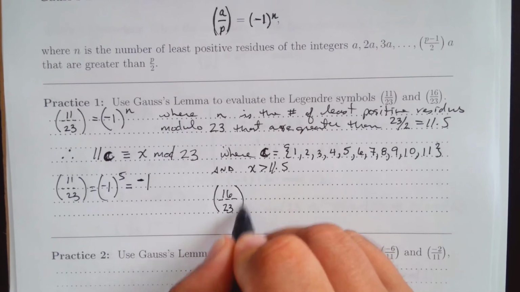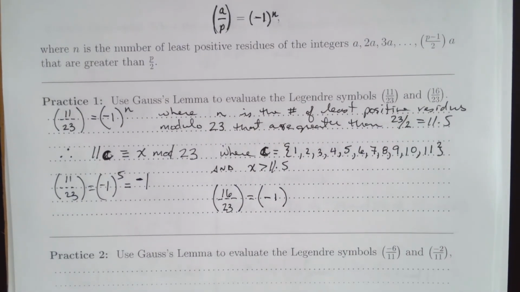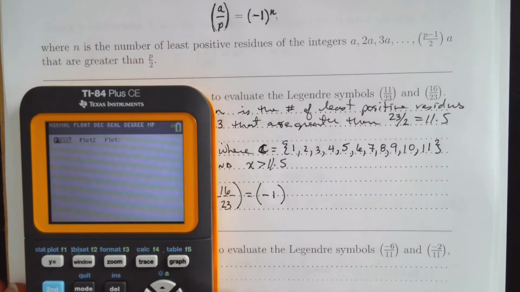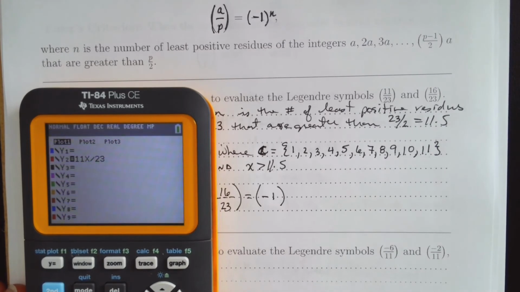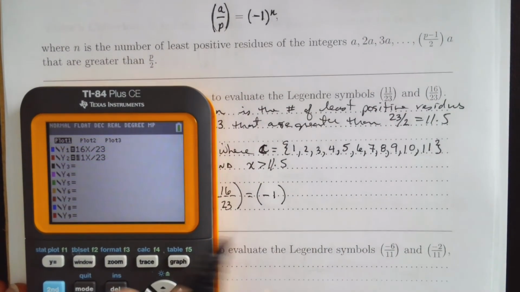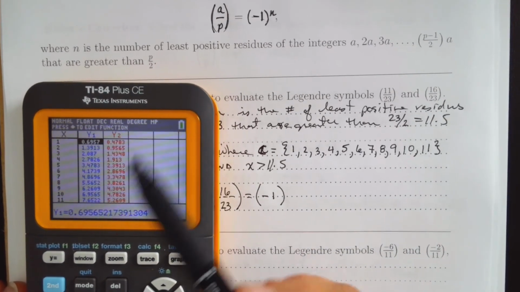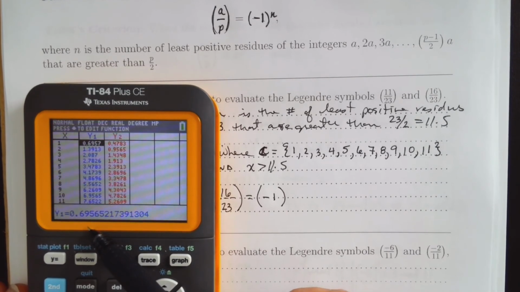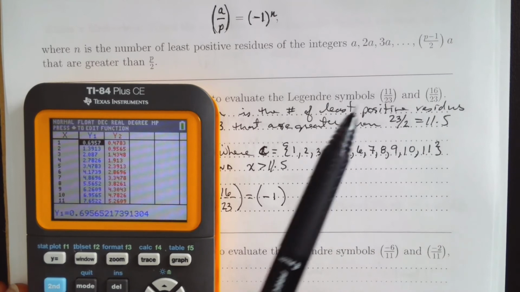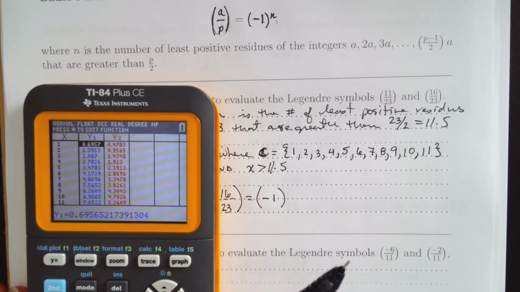Okay, so if I then wanted to find the Legendre symbol of 16 modulo 23, I would come in here and say y equals 16x over 23. Go back to my table. I'm going to look at these first 11 entries and see how many times the decimal is greater than half. There's one at 0.6957.